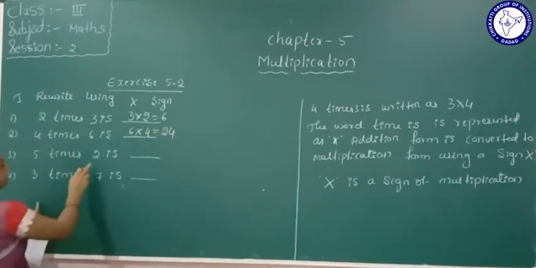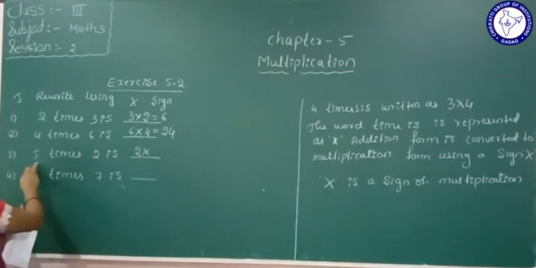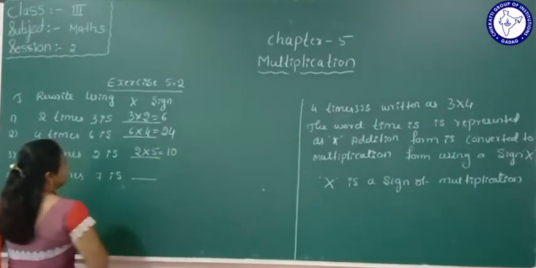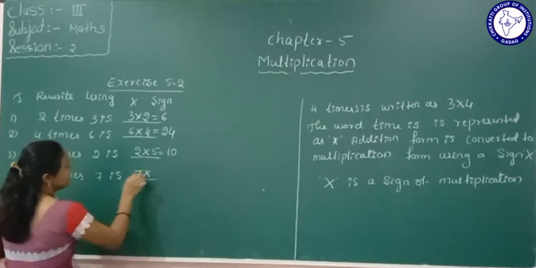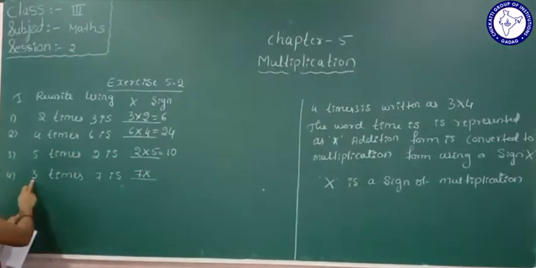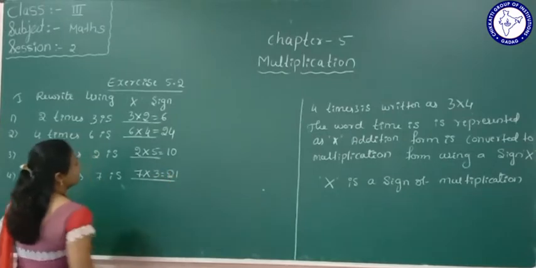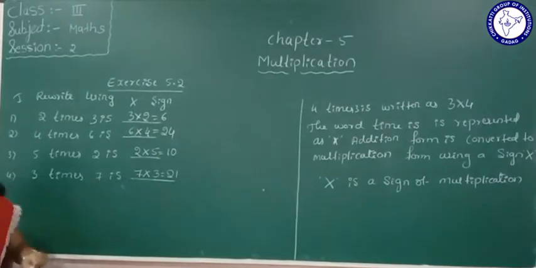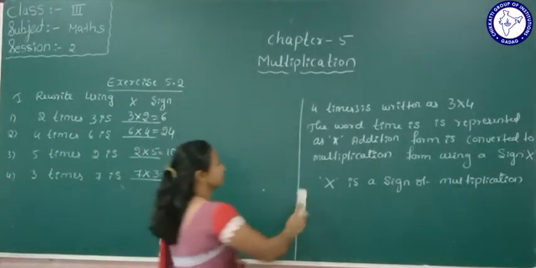Next one, 2 is repeated how many times? 5 times. 2 into 5 is 10. Next one, 7 is repeated how many times? 3 times. 7 into 3 is 21. Yes, understood students? The remaining ones you do yourself. That is the first main. Okay, next we will go to the second main.